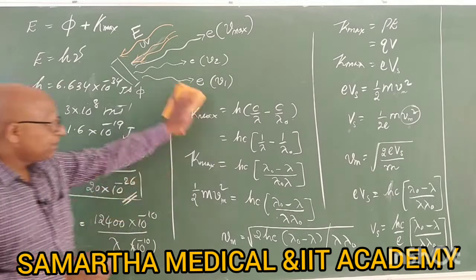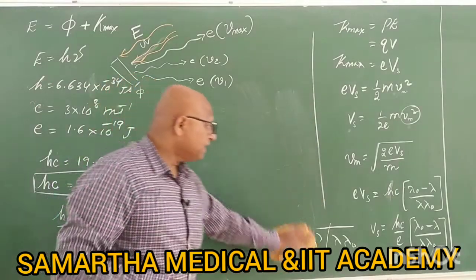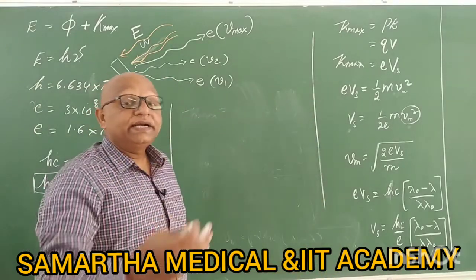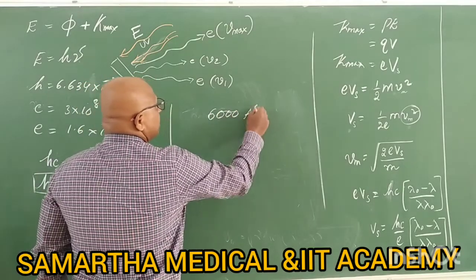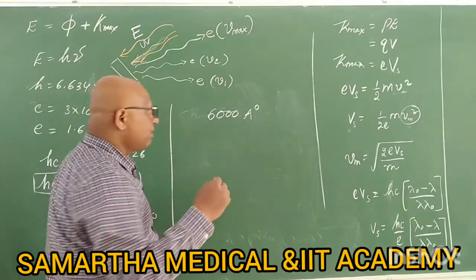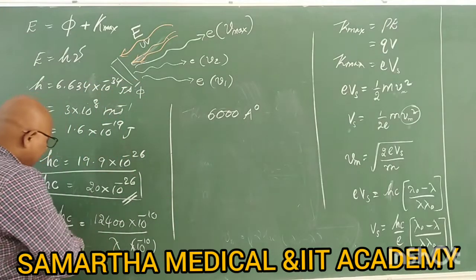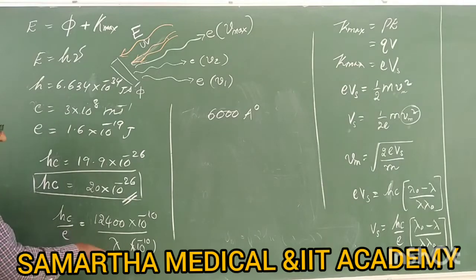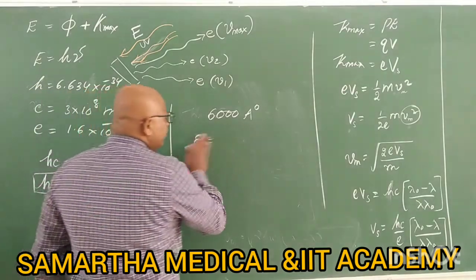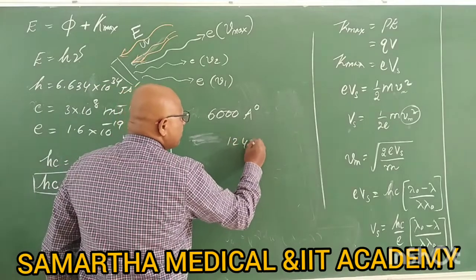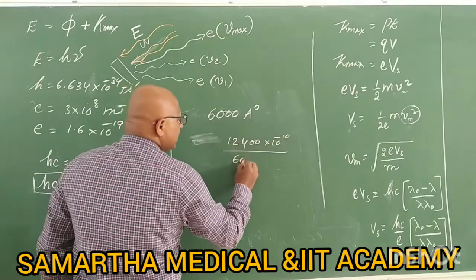For example, there is a metal and that metal is irradiated by a light of 6000 angstrom, and they ask you to calculate the value of energy, or calculate something else. Then use this formula, 12,400 into 10 to the power of minus 10 divided by 6000 angstrom.